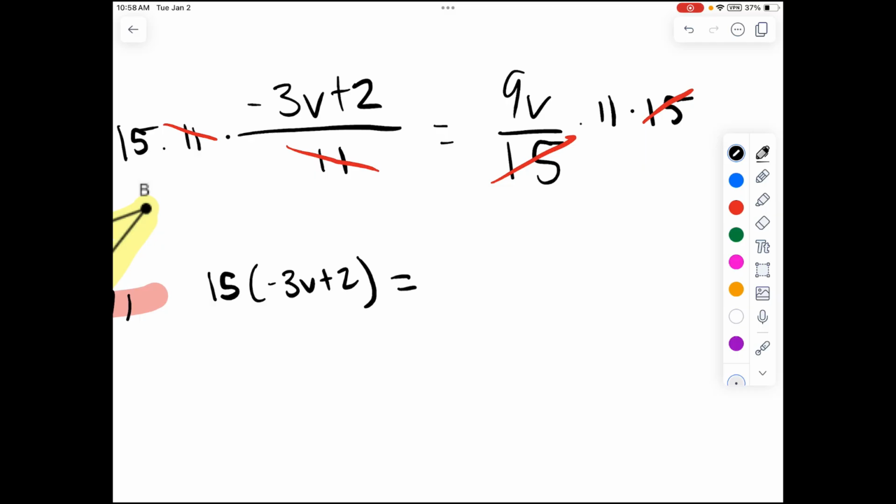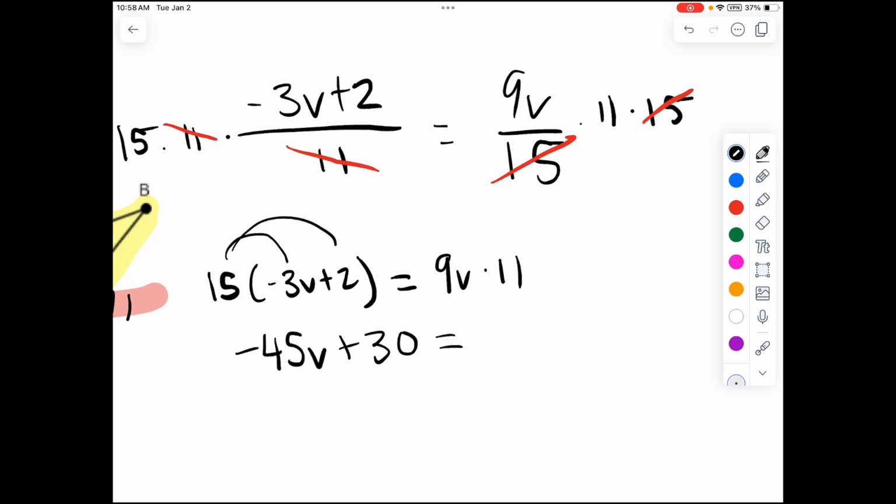On the other side, because the 15s are gone, we just have the 9v and the 11. This becomes a little easier to work with now that all of our fractions are gone. You would just distribute that 15 through. We get negative 45v plus 30 equals 9 times 11, which is 99.